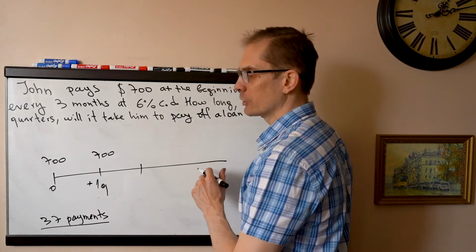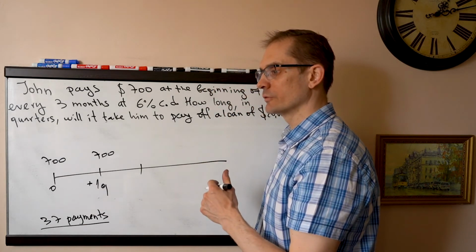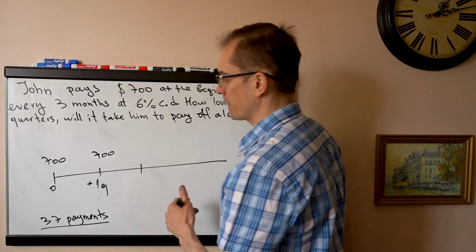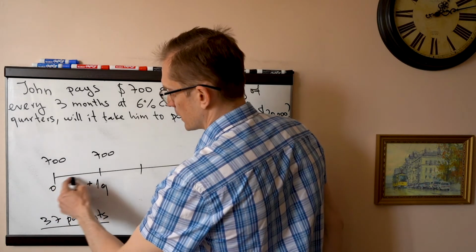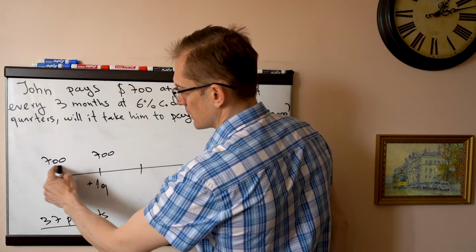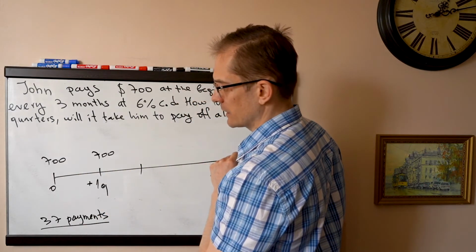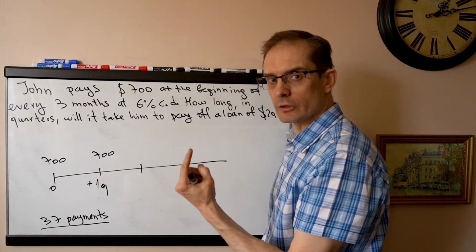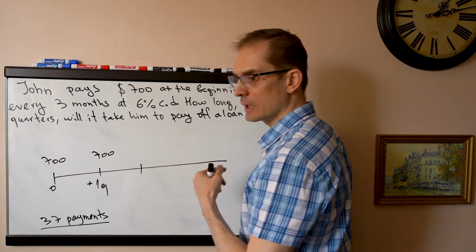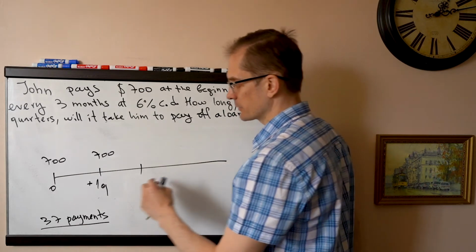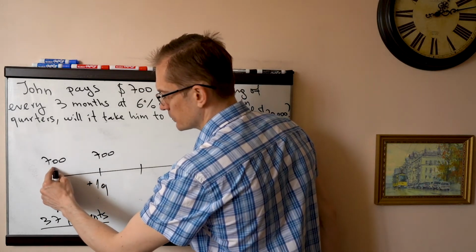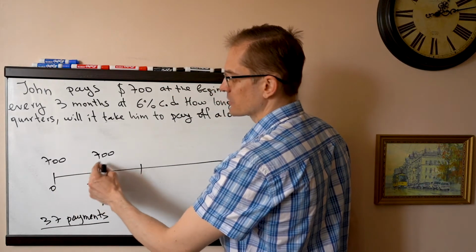Okay, so what that means is that there are 2 payments required. But how do you interpret those 2 payments in terms of time? Look, here 2 payments are required. That's right, but only 1 quarter would be required to cover that loan. Because look, the first payment is today, right? And the second payment is after 1 quarter.